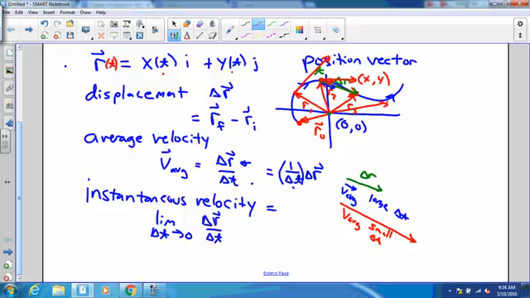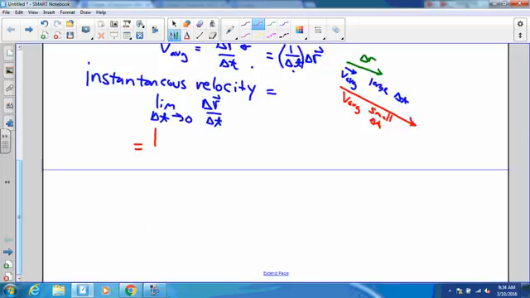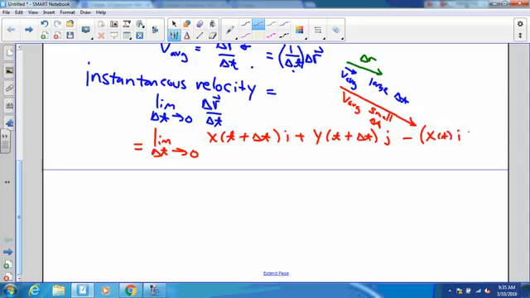Now, let's come back and do this analytically so we can put some more definition on it. If I take my r of t is equal to x of t i plus y of t j, and I replace delta r with x of t plus delta t i plus y of t plus delta t j, minus x of t i plus y of t j, and all of that divided by delta t.